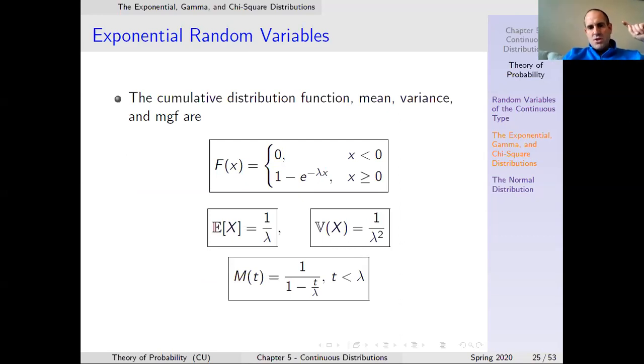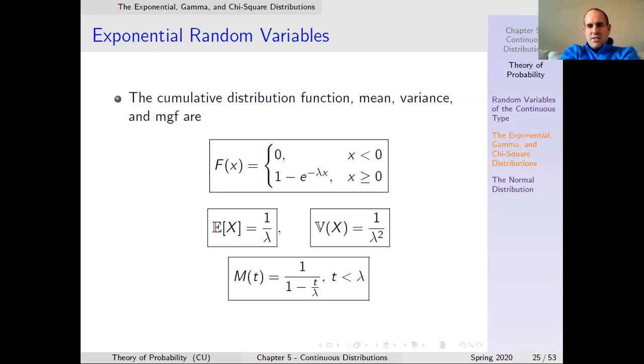So remember, 1 over 1 minus t over 3 is what the moment generating function was, and back over there it said that t was less than 3. So this looks like we have a lambda equal to 3. We have our moment generating function, and so this thing is going to have the exponential distribution with lambda equal to 3.